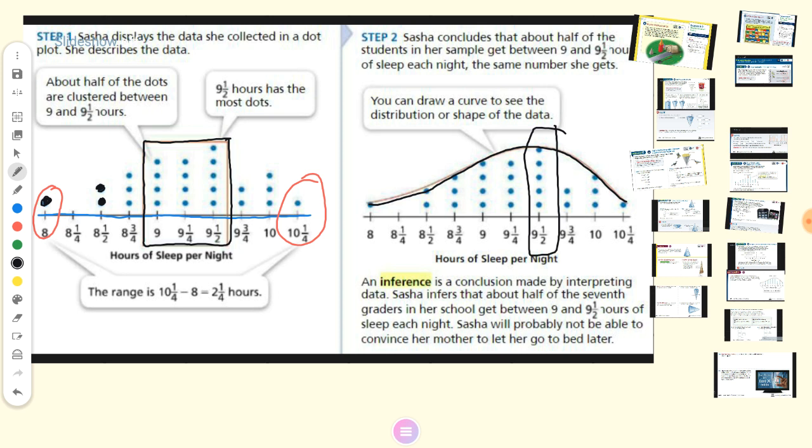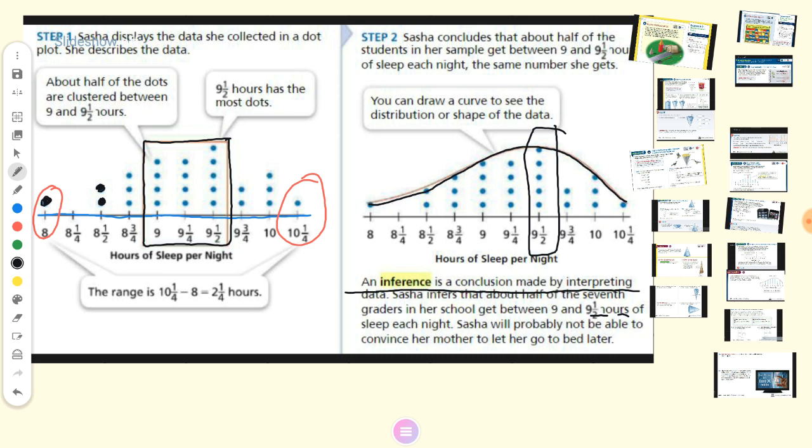An inference is a conclusion made by interpreting data. Sasha infers that about half of the 7th grade in her school gets between 9 and 9.5 hours of sleep each night. Sasha will probably not be able to convince her mother to let her go to bed later.